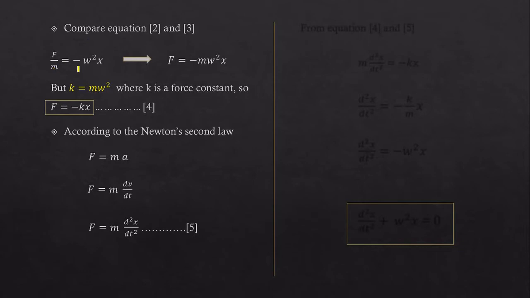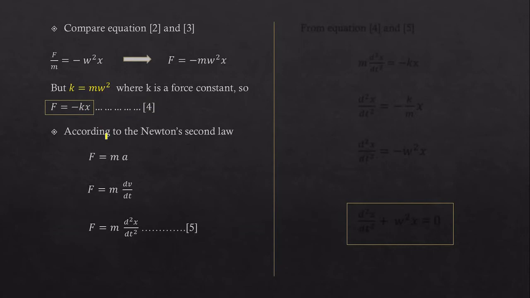From this equation, bringing m to this side, F is equal to minus m omega square x. But we know that the force constant k is equal to m omega square. So putting the value of k into this equation, F is equal to minus kx. Let us call this equation number 4.